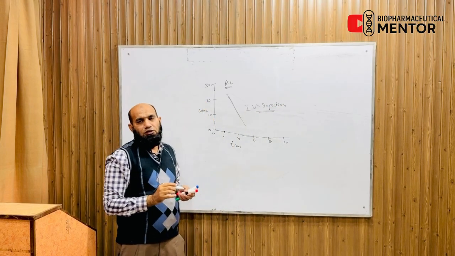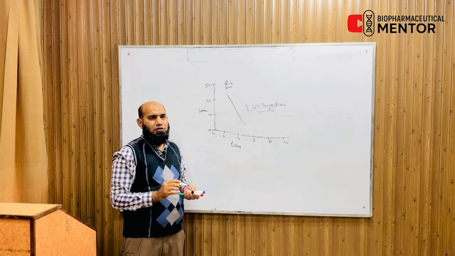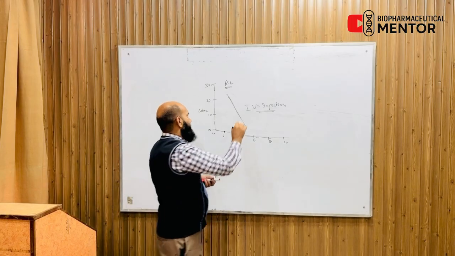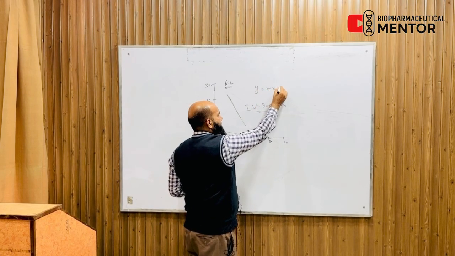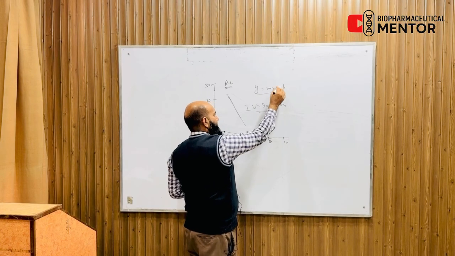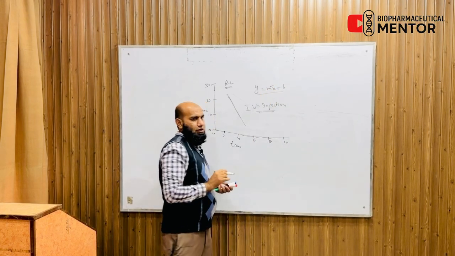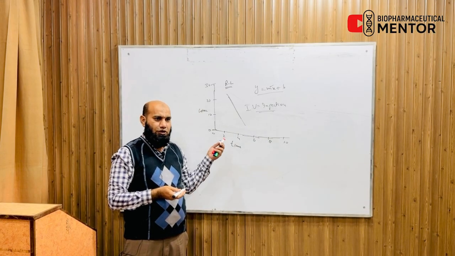In the case of zero order, we have assumed that there is a straight line as we construct the rectilinear graph. We have the equation y is equal to minus mx plus b here. Why am I writing minus m? Because the slope would be in the negative form.